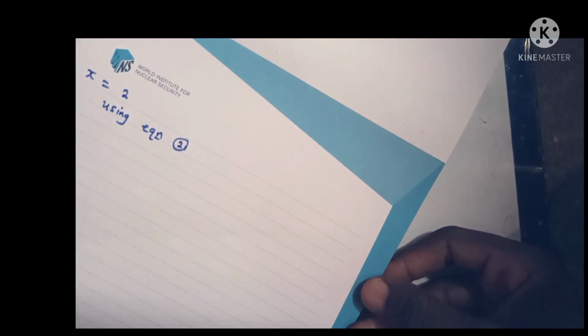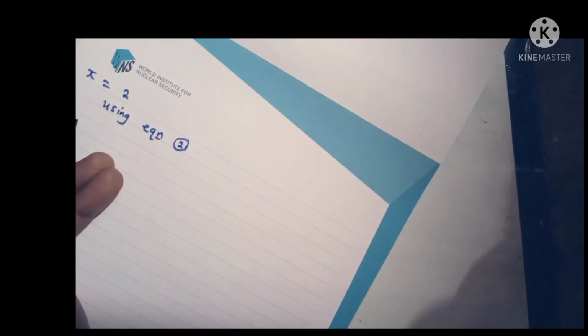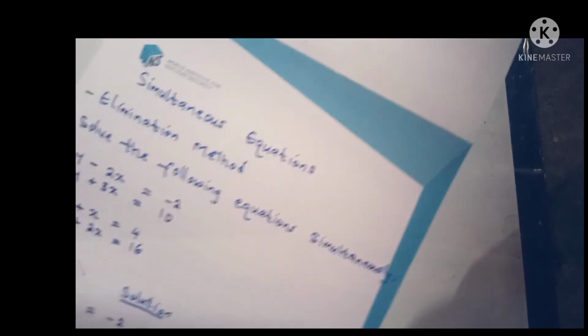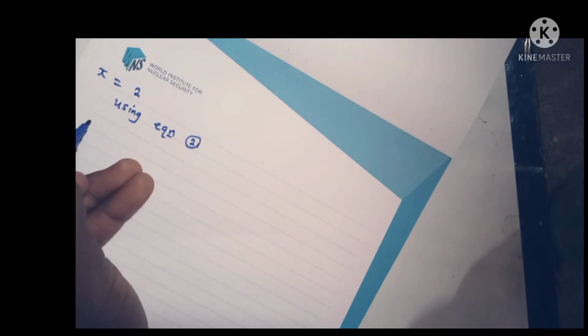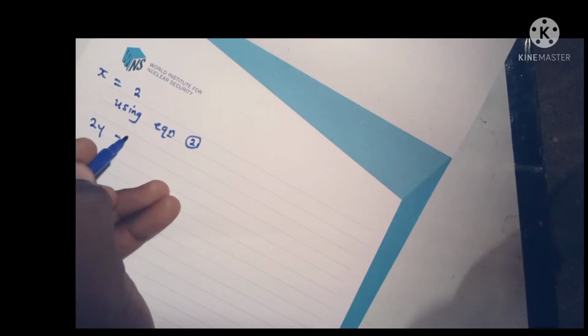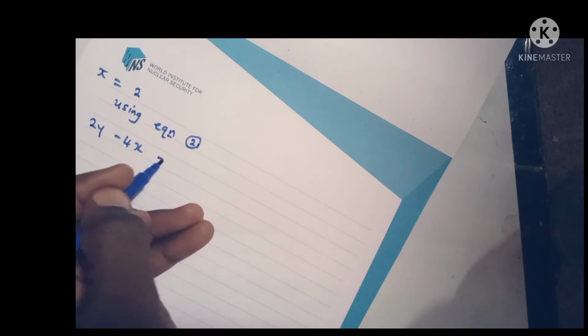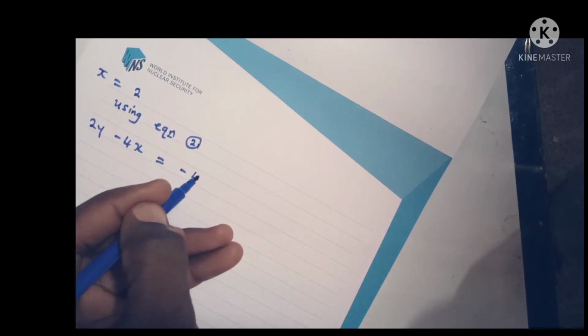In equation 2, we have 2y minus 4x equals minus 4.